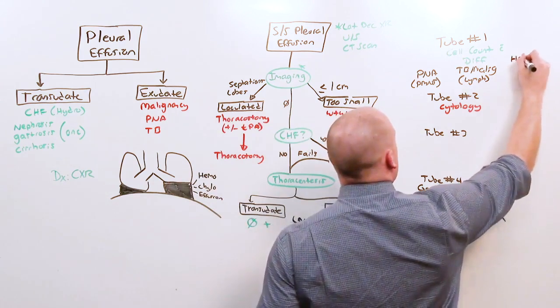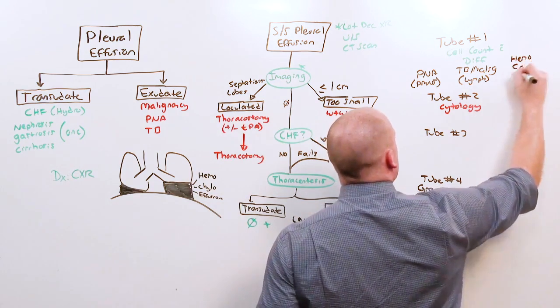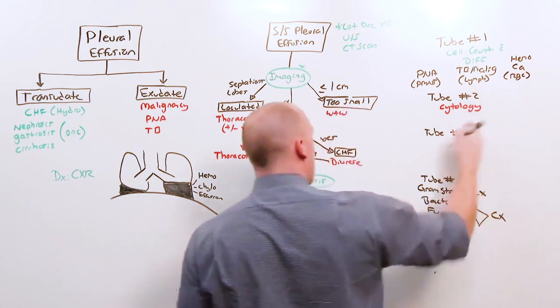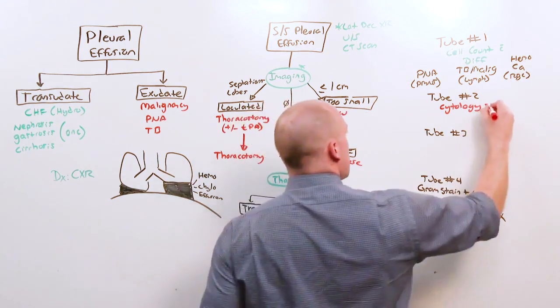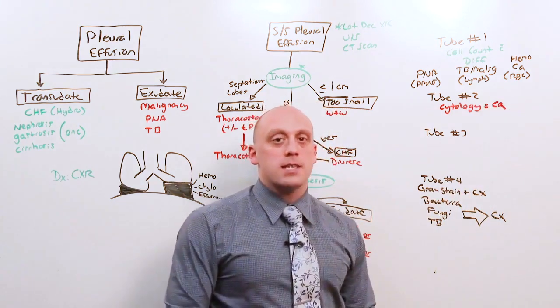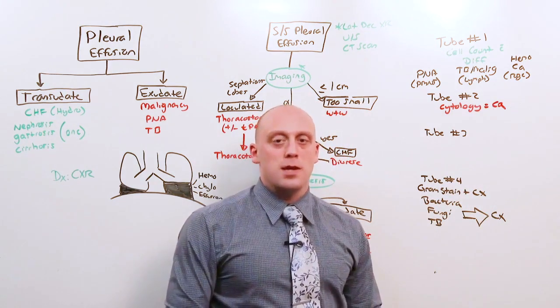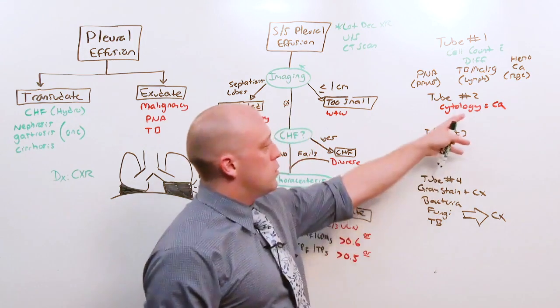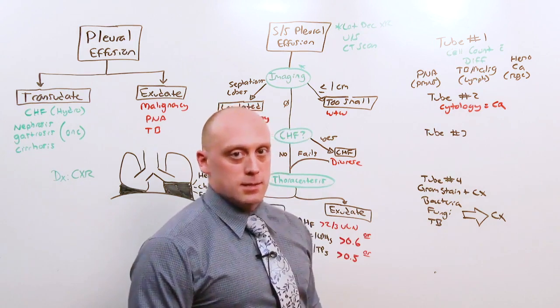That's either going to be a hemothorax or cancer if you have lots of reds. Cytology, of course, is going to mean cancer. And if you have a cancer that is in a pleural effusion, it is immediately stage 4. Malignant pleural effusion means metastatic disease.